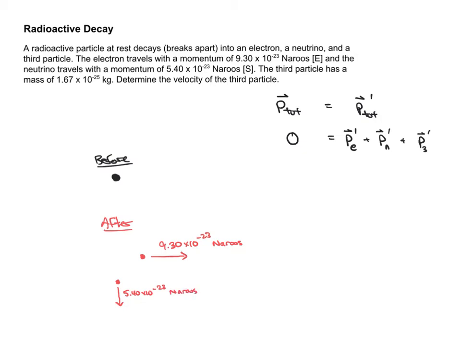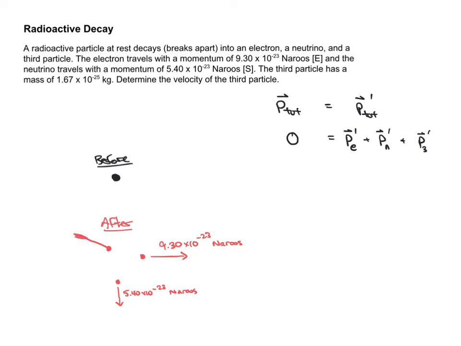So can we kind of predict which direction the third particle is going to be blasted? Well, the momentum has to be conserved. So since the starting momentum was 0, when I add up all 3 of these momentums, it needs to balance out to 0. So I think that's going to end up being in some kind of northwesterly direction.